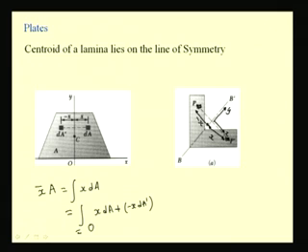So, if we sum up the first moment of these differential elements, they sum to 0, and we find that the coordinate x bar has to be 0, that means it has to lie along this line. So, this is valid for any shape which is having an axis of symmetry.